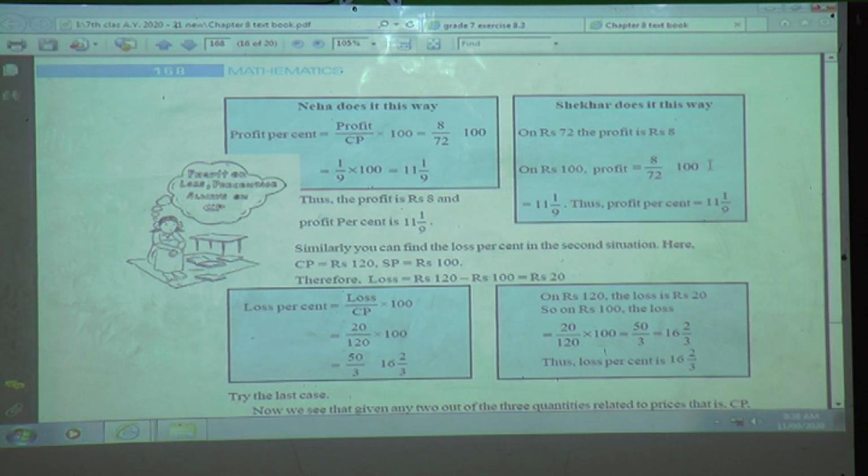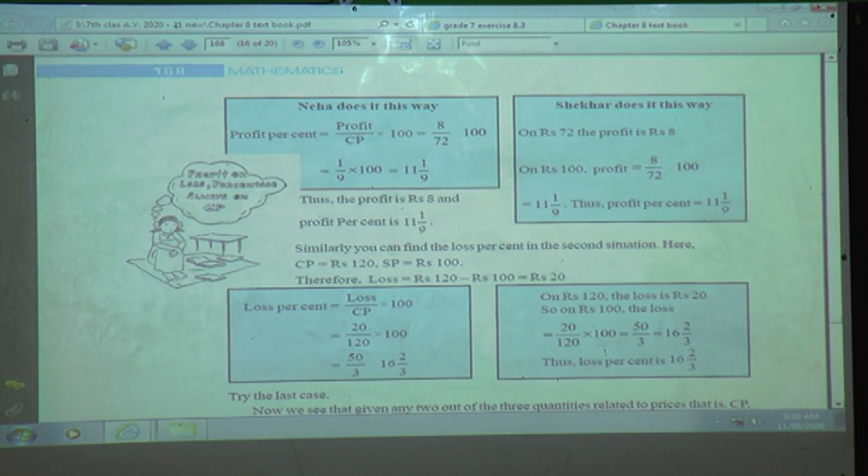After calculation, the steps are similar in both. I'll reduce this, and after the calculation we get 11 whole 1 upon 9. Thus the profit percent is 11 whole 1 upon 9. So the profit is rupees 8 and the profit percent is 11 whole 1 upon 9.